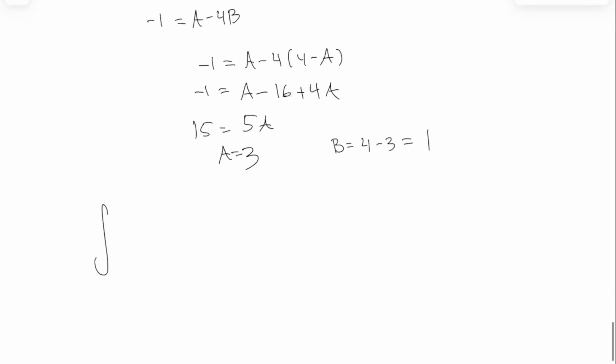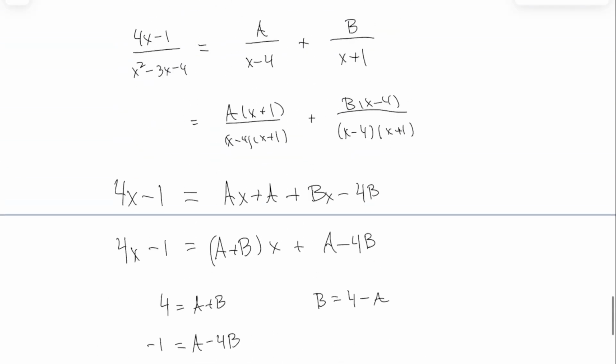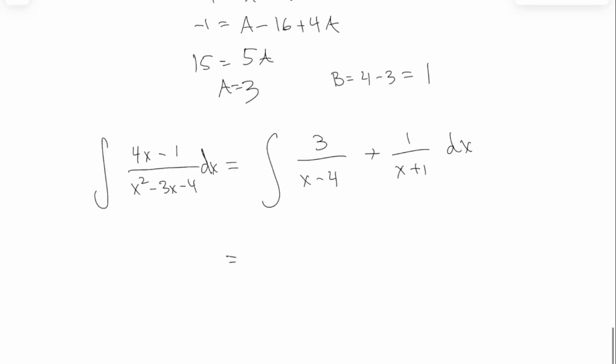So the integral of whatever I started with, 4x minus 1 over x squared minus 3x minus 4, doing the partial fractions, I get 3 over x minus 4, making sure I get the right order, plus 1 over x plus 1 here, right? And then just do each of those integrals, each is a natural log of something.